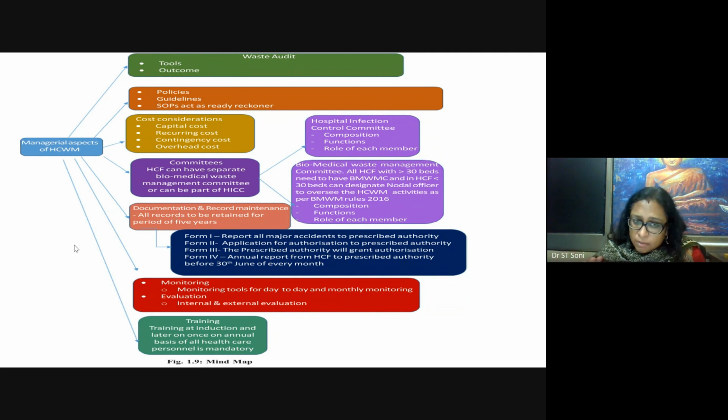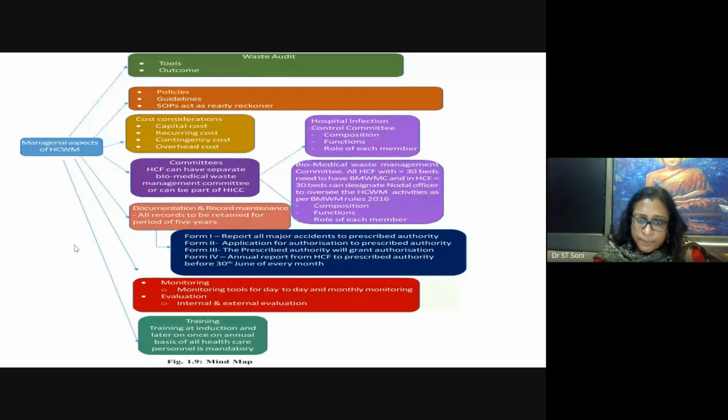There are various types of reports being generated which we submit to our portals before 30th of June every year. These reports are Form 1, Form 2, Form 3, and Form 4. For the annual report, we are supposed to submit Form 4 and Form 1 every year.